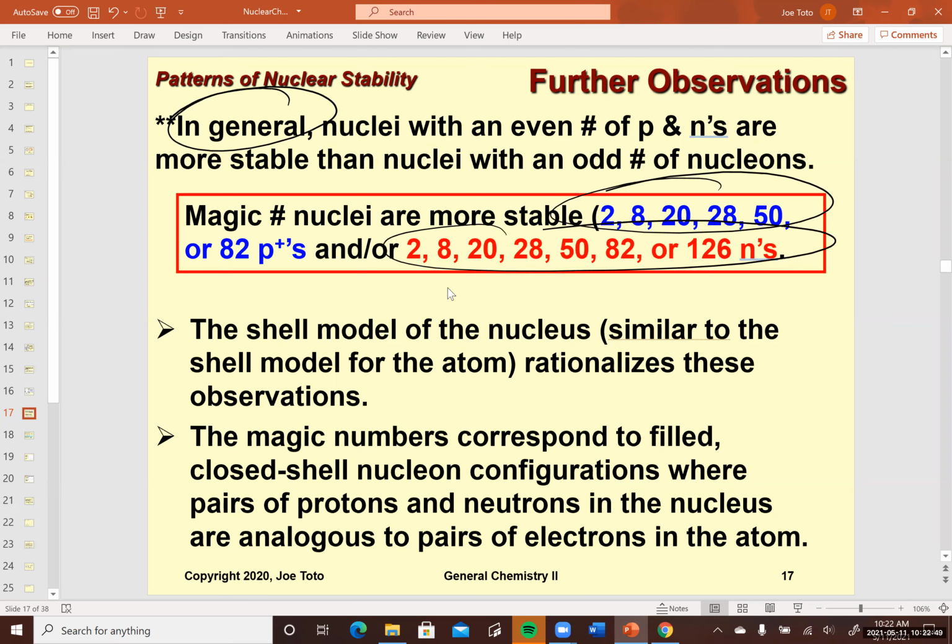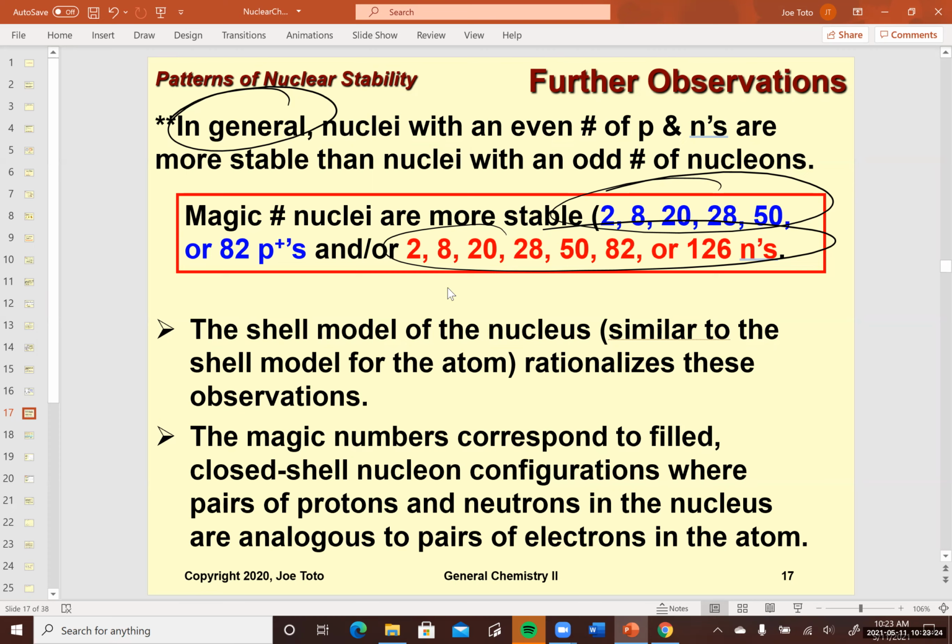for protons and neutrons. So now this gives you another way to predict which nuclei are more stable than other nuclei. Just look for evens. So if you had a question that says, order these 3 nuclei in terms of stability, then you would pick the ones with even number of protons and neutrons as the most stable.